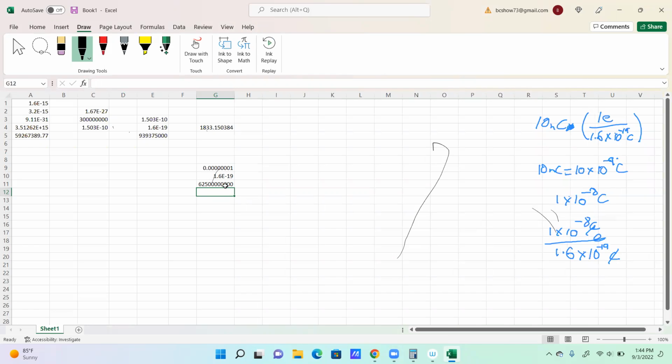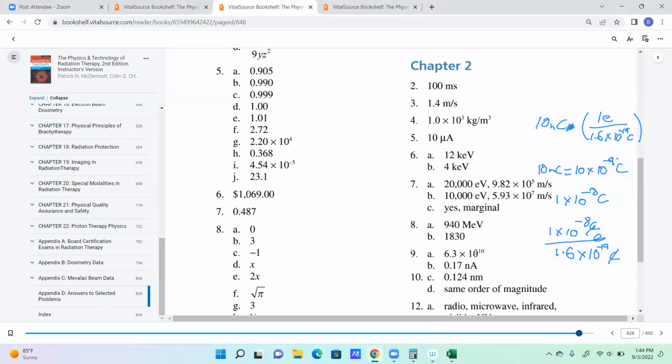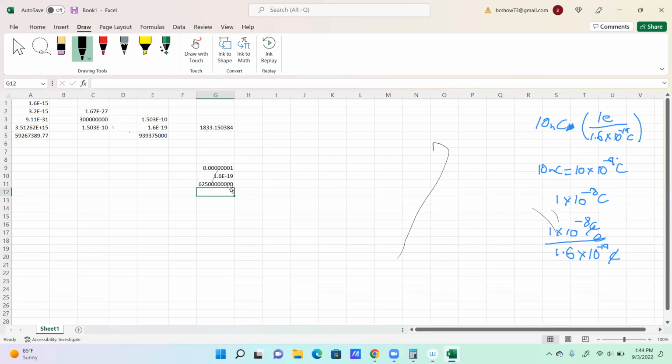Hard to count the number of zeros there: 1, 2, 3, 4, 5, 6, 7, 8, 9. So it looks like 6.29, yep, 6.3 times 10 to the 10th. So again, if I go back here, I count 1, 2, 3, 4, 5, 6, 7, 8, 9, 10, and I move that decimal point over.